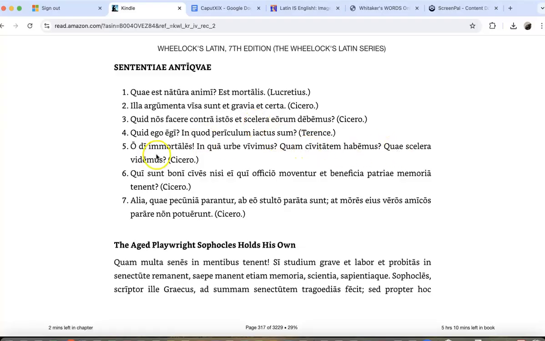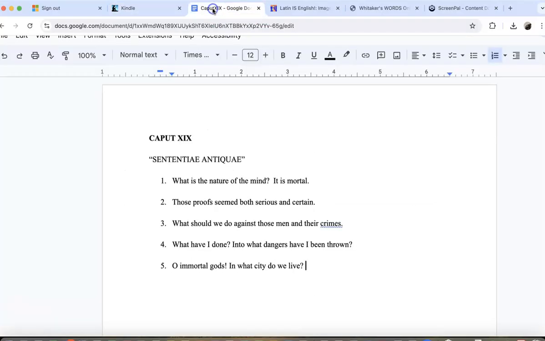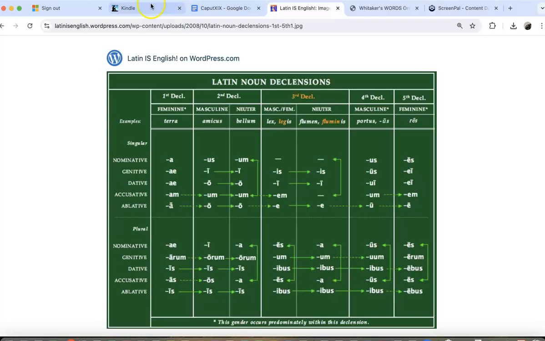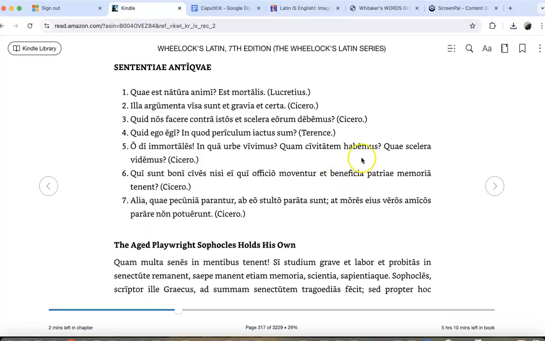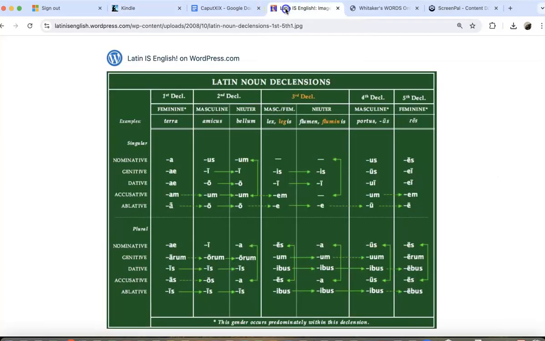So what crimes do we see? That's how that reads there. Fairly straightforward. So quae scalera. Scalera again is a neuter noun, as we said earlier. So we need the a there, just because accusative plural for neuter nouns is the letter a, as you can see.